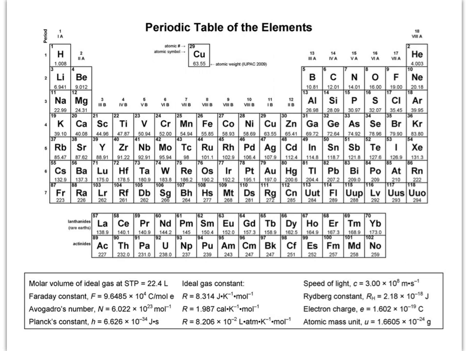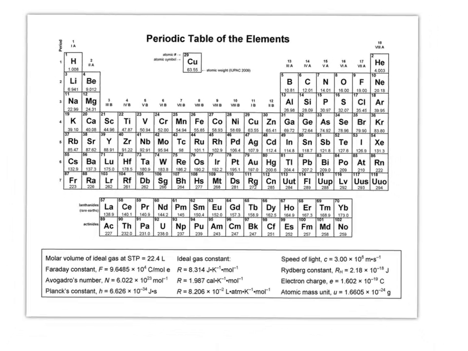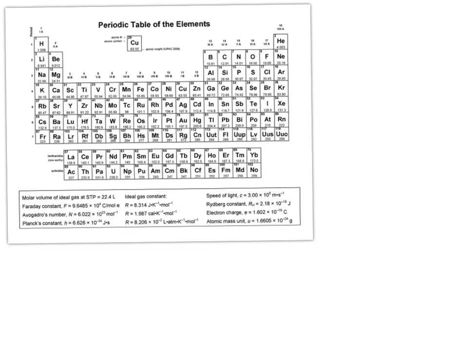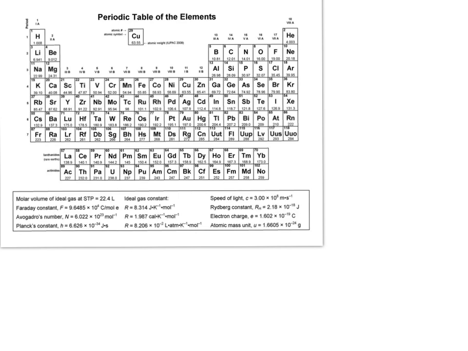Electron configurations for ions. What do you do for ions? Well, first you have to determine the electron configuration for the ground state, the normal electron configuration.